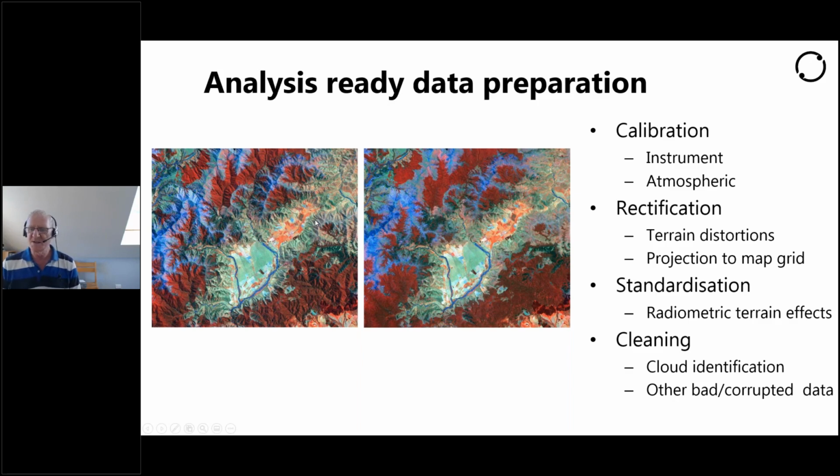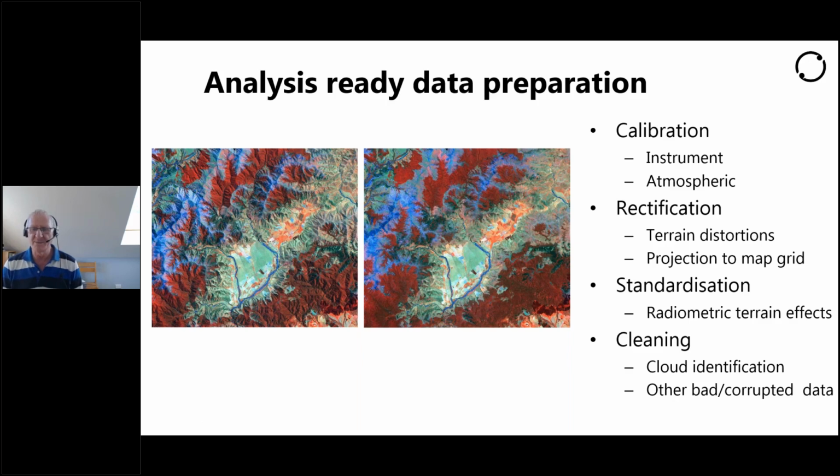So all these things need to be done before you can use the images in an application sense. And another one is the standardization of the radiometric effect, and this applies to both optical and radar. You can see here on the left we have reflectance varying quite a bit just due to the terrain that it's on. So you've got vegetation that's probably similar vegetation, but it's looking quite different depending on what facet of the surface it is on, and standardizing that as we have done on the right by modeling the bidirectional reflectance effects helps to then process this data at the later step.